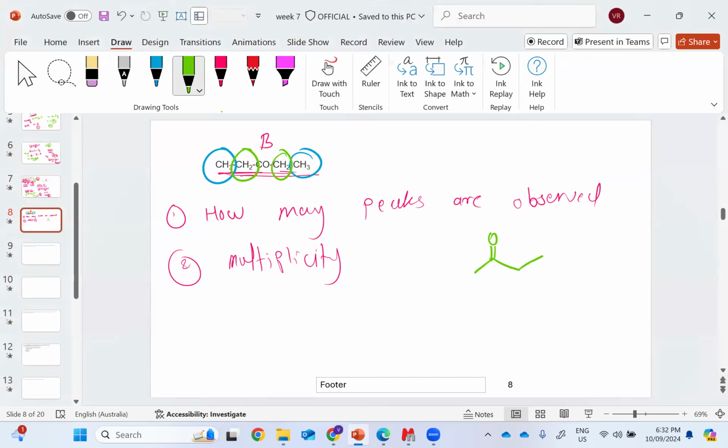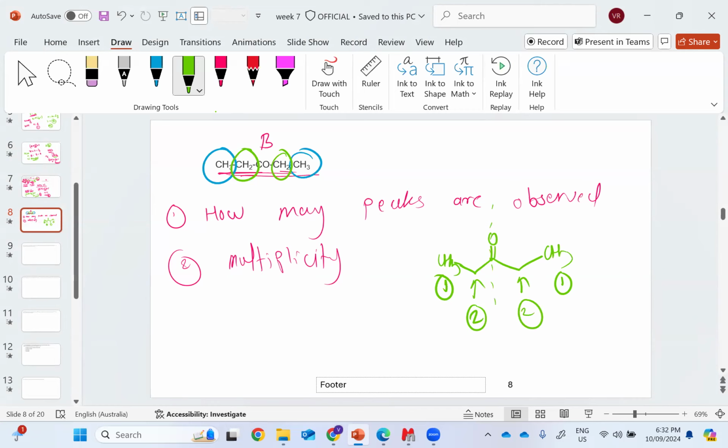So this will be a structure like this, right? This is the CH3 and another CH3. It is a symmetric molecule, so we observe only two peaks because of this methyl. The other is also the same methyl, and because of this CH2, there will be another second peak due to this CH2.